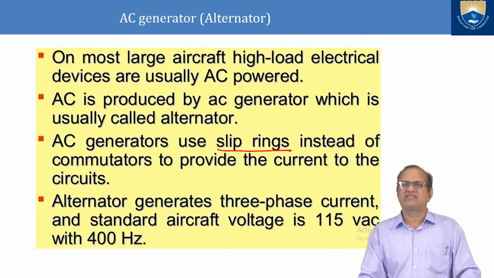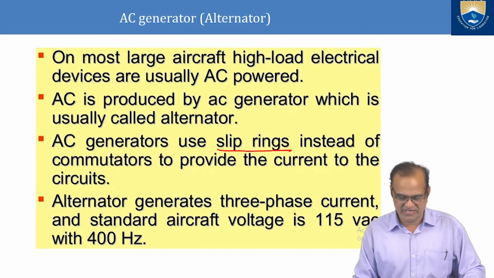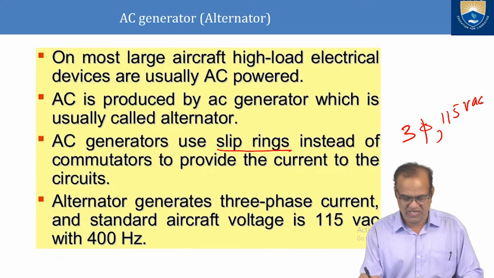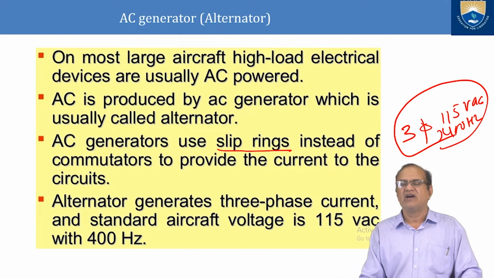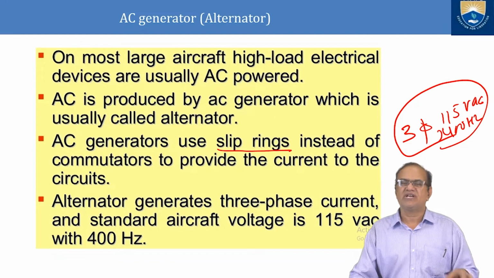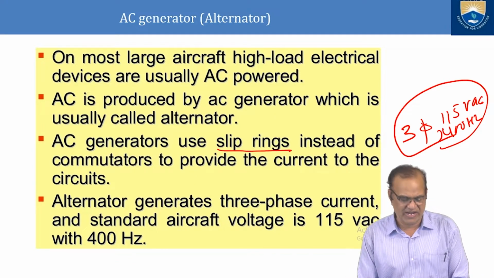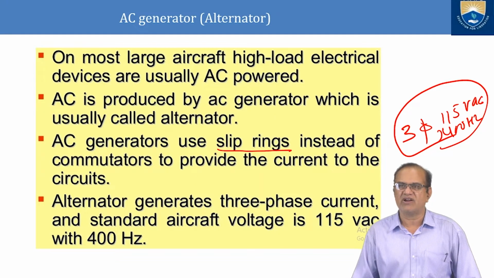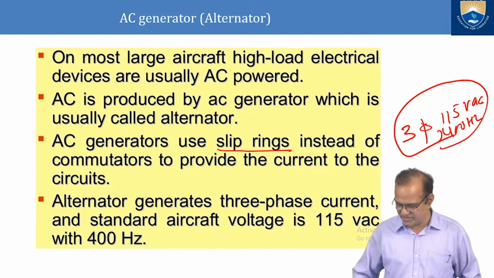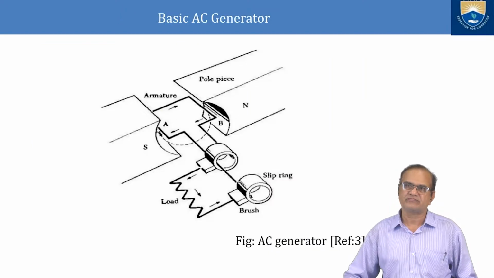Alternator generates 3-phase current, 115 volt AC with 400 hertz. So this is the rating of the aircraft alternator or the aircraft generator. Standard aircraft voltage is 115 volt AC with 400 hertz of frequency.